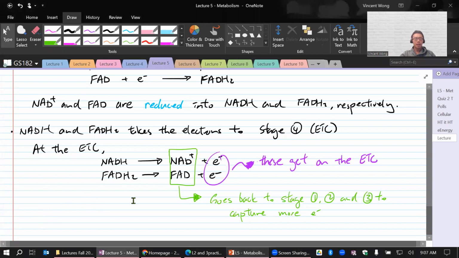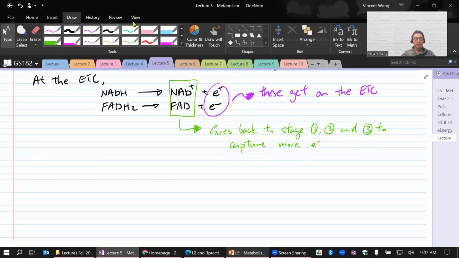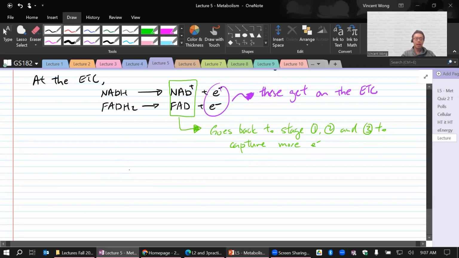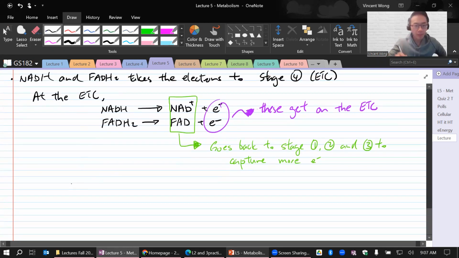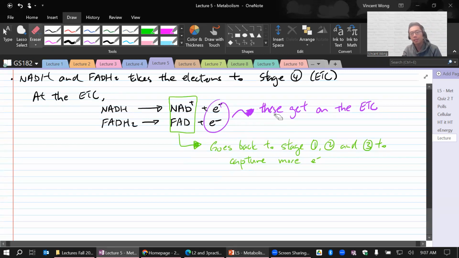Now a couple more things to know here before we continue. Actually, before that, a few more things to know about the NADH and the FADH2. Here, the electrons get on the electron transport chain, and remember, these are high energy electrons, right?